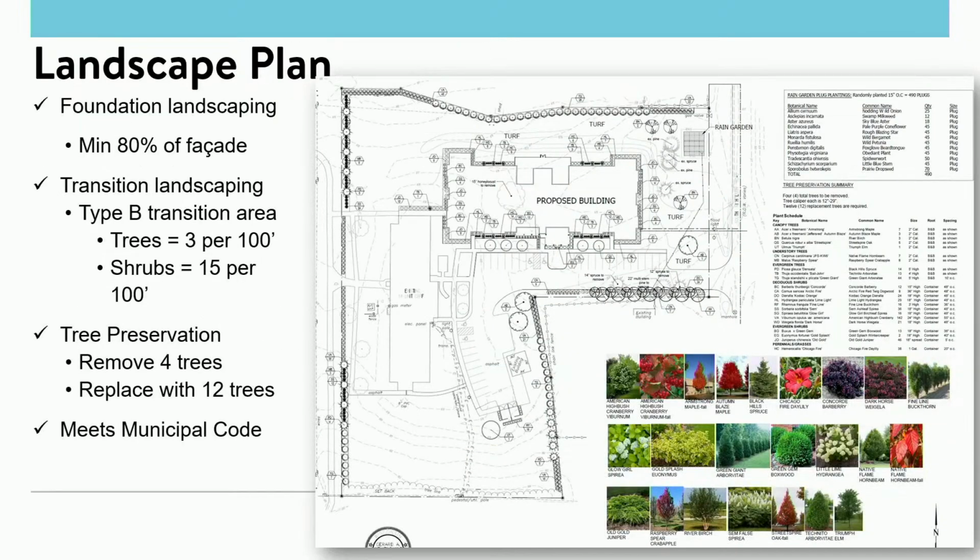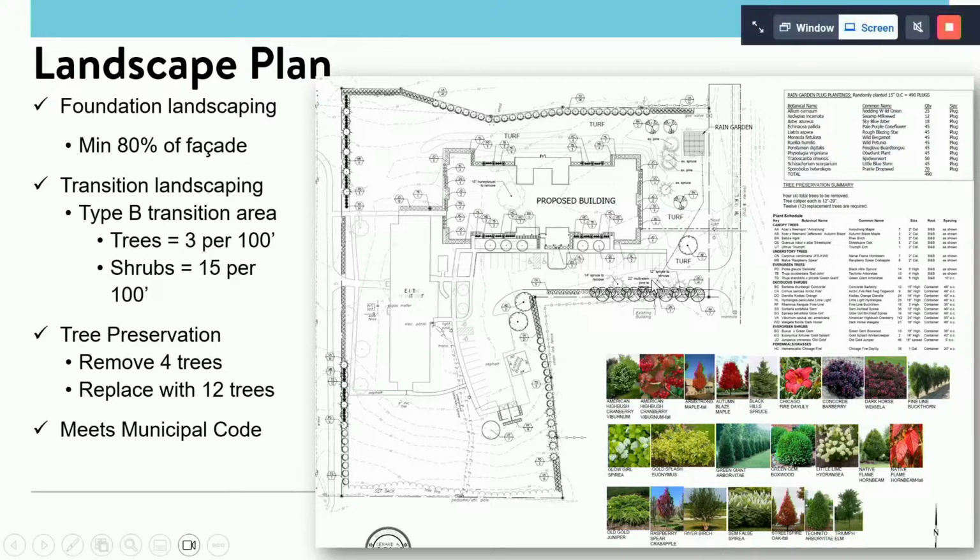For landscaping, quite robust. They have more than 80% of the facade for the new building with the foundation landscaping that's required. Pretty much the entire perimeter of the site they'll be adding in transitional landscaping, which they're required to have, the type A transitional area landscaping, which would be 3 trees per 100 linear feet, 15 shrubs per 100 linear feet.